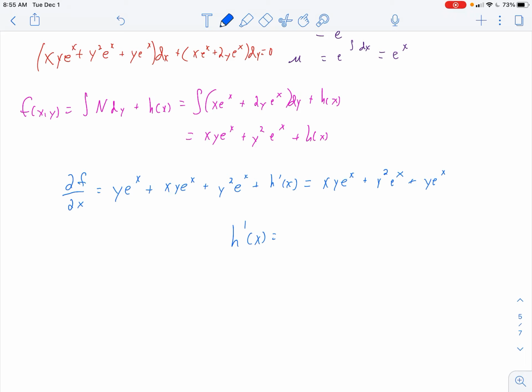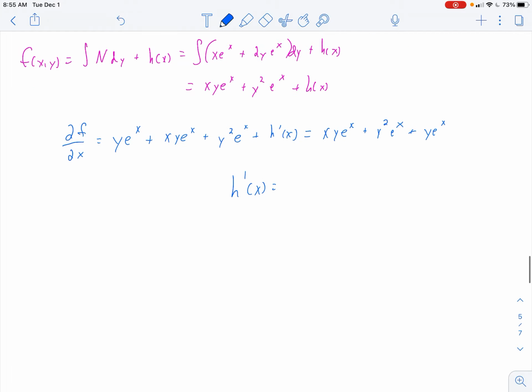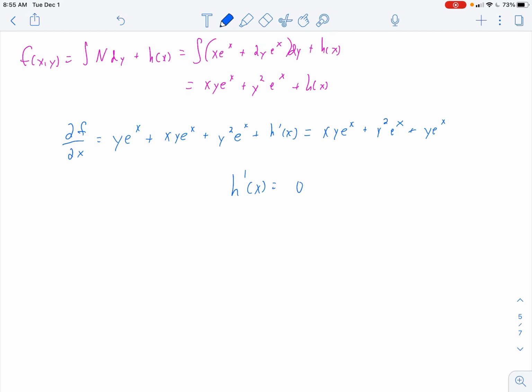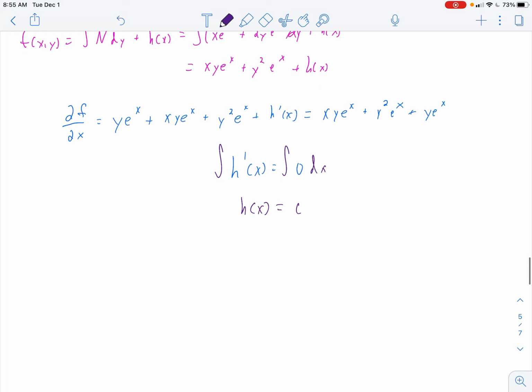I'm going to erase that just so that people can see that in the notes. So h prime of x is equal to 0. Integrate both sides with respect to x, and we get h of x equal to just c.